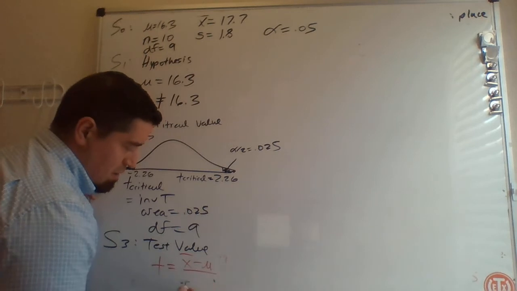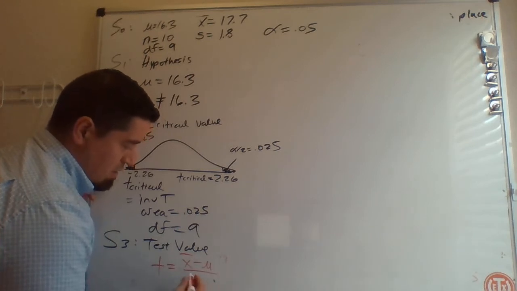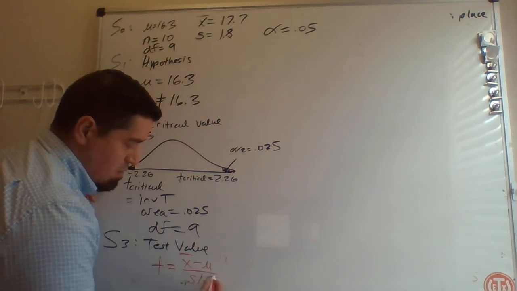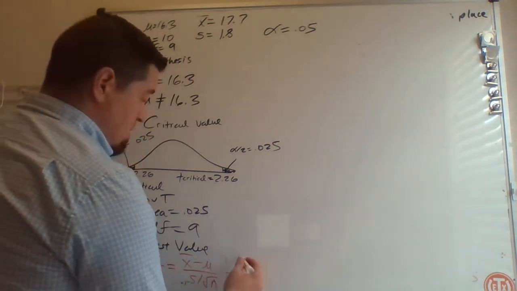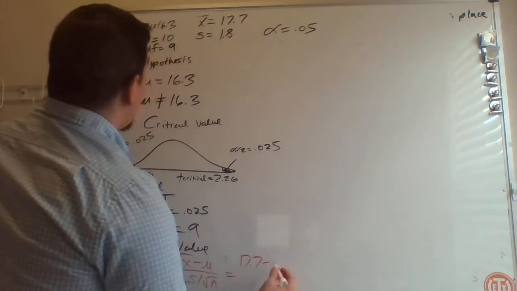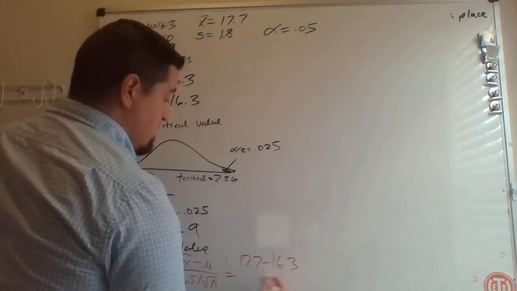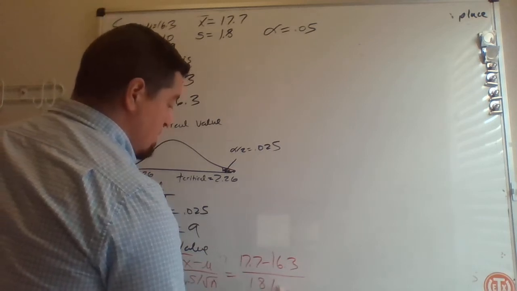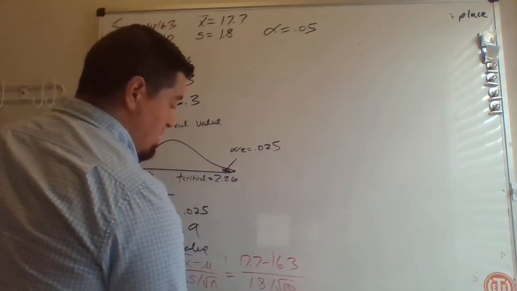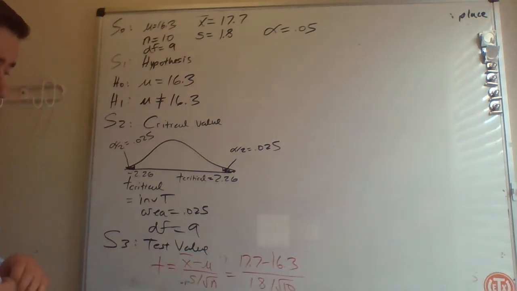So hypothesis t-test. So here I'm going to do x bar minus mu over S divided by the square root of n. So this would be 17.7 minus mu 16.3 divided by S, which is 1.8, divided by the square root of 10.